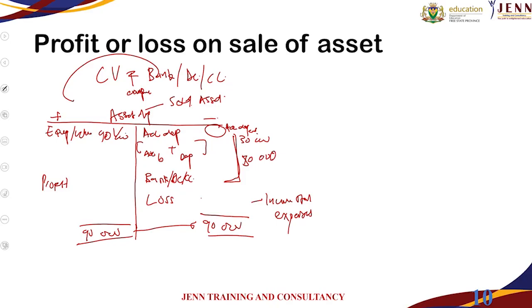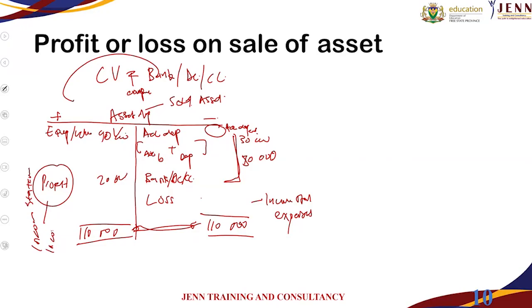What are we having now? We are having 30,000 plus 80, that is 110,000. We take this 110,000 to the other side. 110 minus 90 will give us how much? 20,000. That 20,000 is now what? A profit. It will be recorded in the income statement as what? As an income.